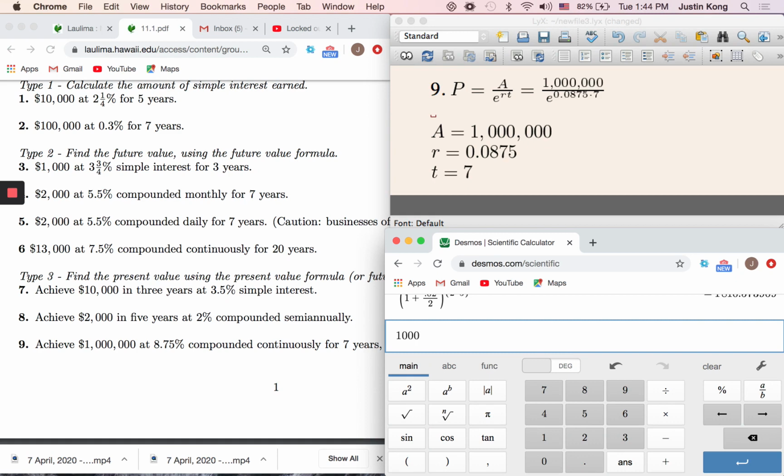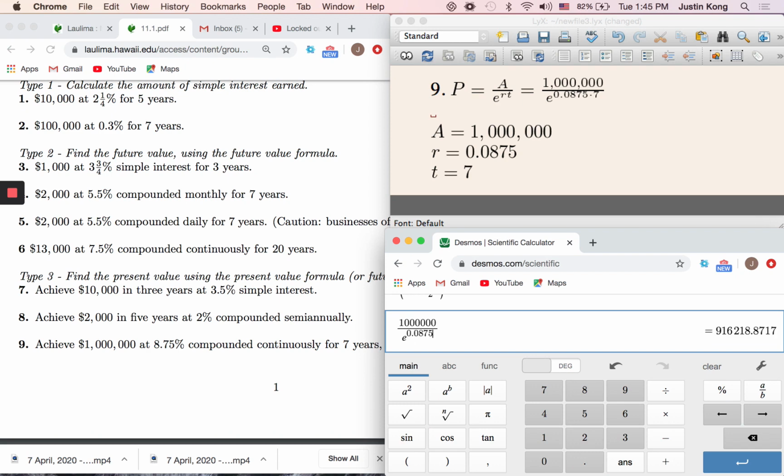Let's type this into our calculator. 1 million over e to the 0.0875, and again, exponents in parentheses, times 7. And I get 541,994.